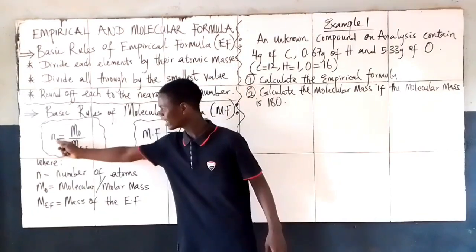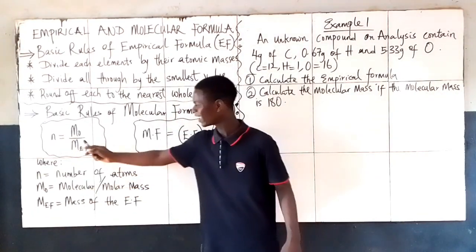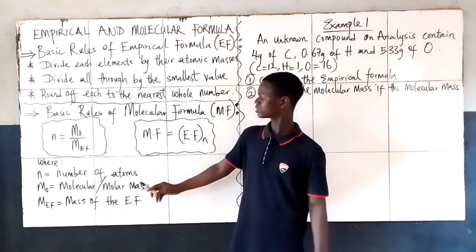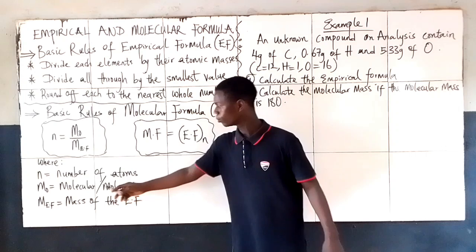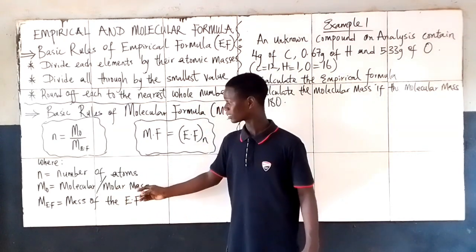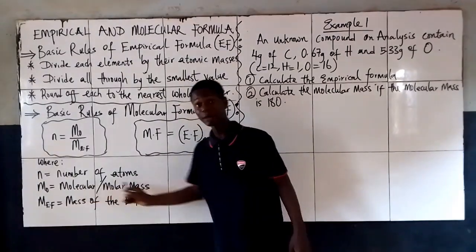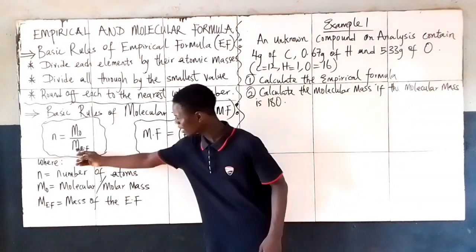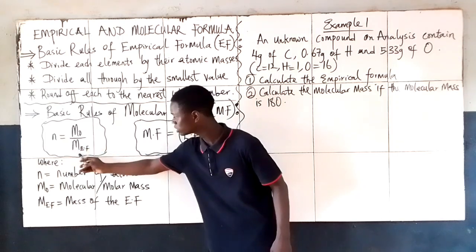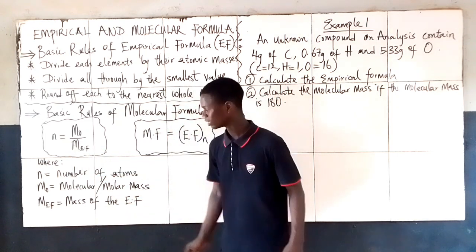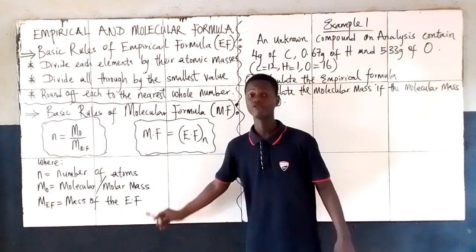The formula is n equals Mo over Mef, where n stands for the number of atoms, Mo stands for the molecular mass, or you say molar mass, and lastly, the Mef, the M subscript EF here, stands for the mass of the empirical formula.